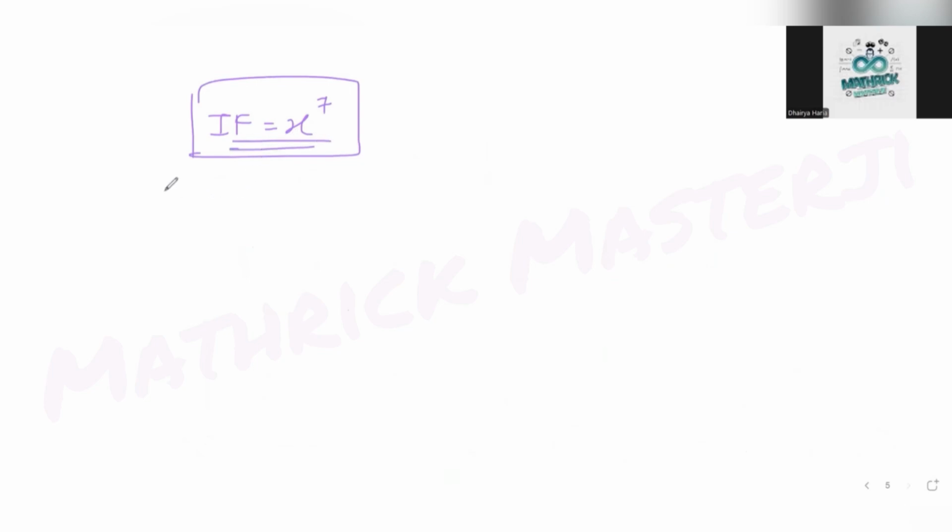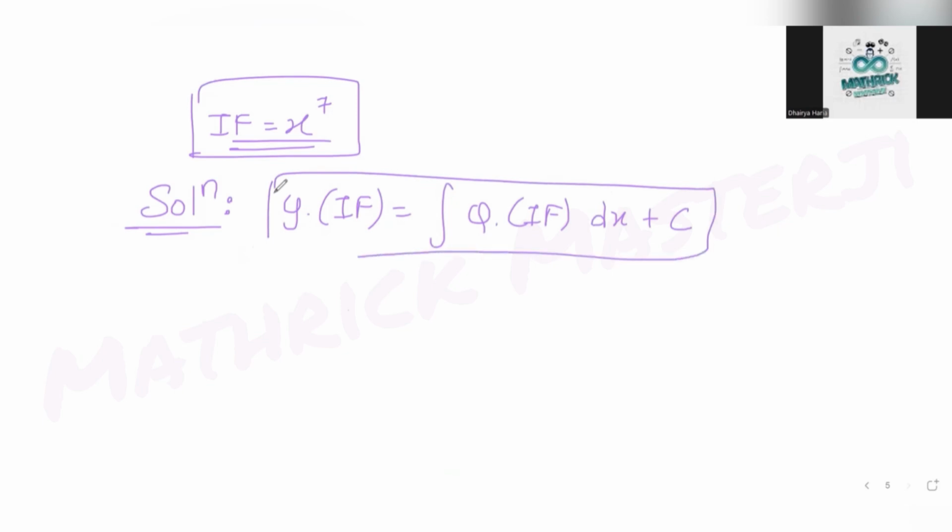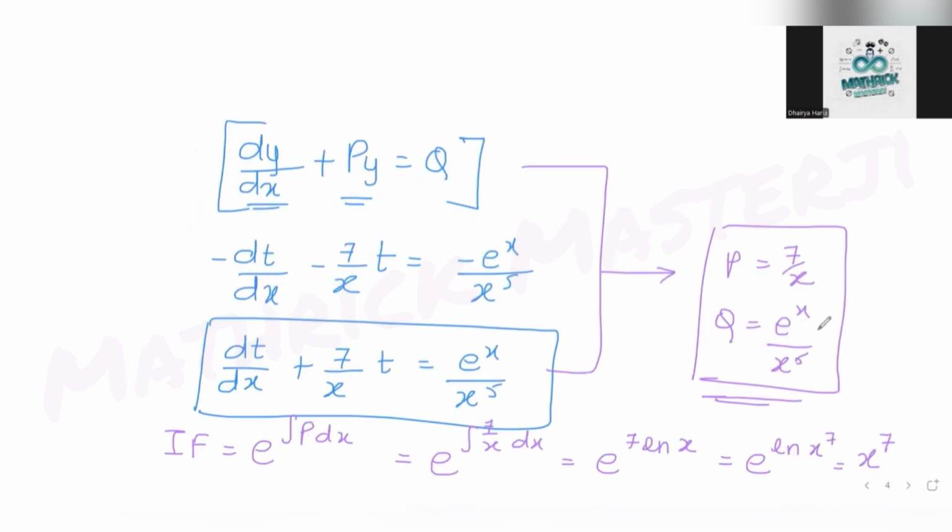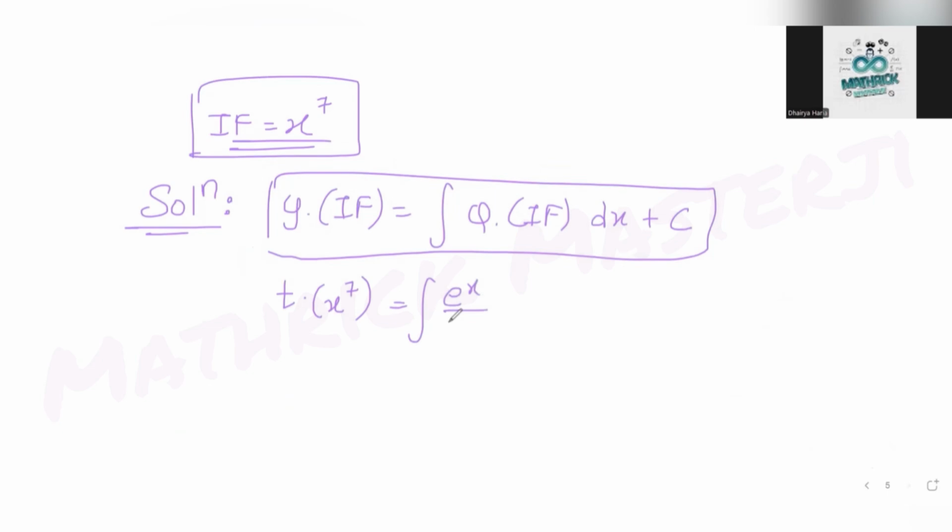Now once I have that, I just have to find the solution of the differential equation, which is given as y into integrating factor is equal to integral of q into IF into dx plus c. So we have this as my solution, but instead of y here, we have t here. So instead of the solution of this general form, I would write t into integrating factor x raised to 7 is equal to integral of q, which in this case we know is e raised to x over x raised to 5, into integrating factor x raised to 7 dx plus c.